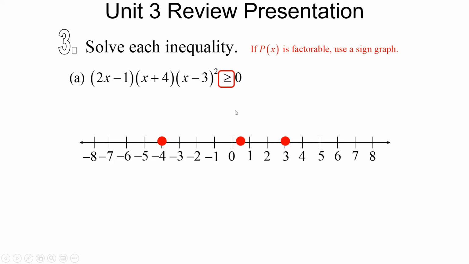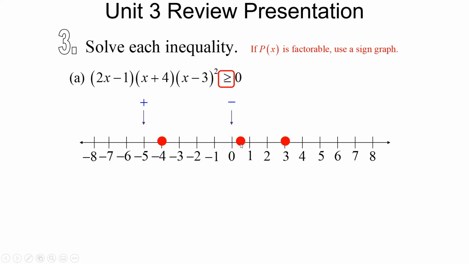Now let's do a test point. Oh look, 0 is available. Let's start with the 0. So if I plug 0 into these factors, I get a negative times a positive, which is negative. Now, on either side of single roots, my sign must change. So if -4 is a single root and I'm negative to the right, I must be positive to the left.